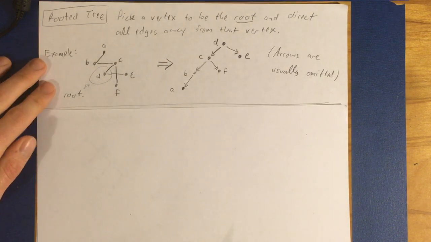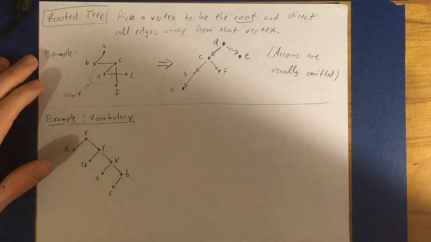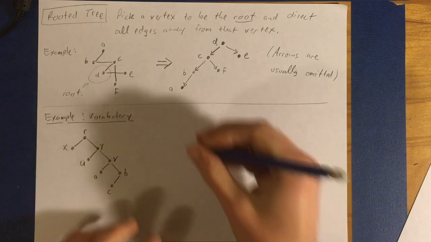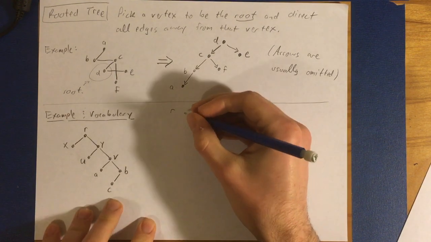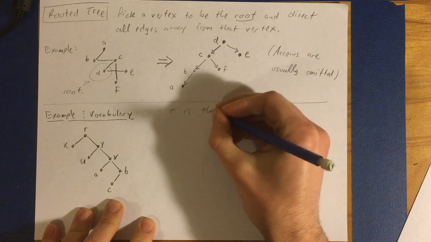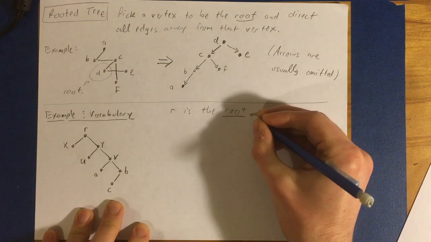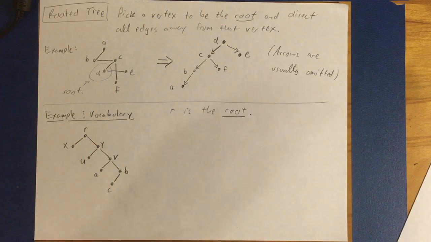So let's take a look at another example of a rooted tree and go over some vocabulary associated with rooted trees in particular. So here's a rooted tree, and I've labeled all these vertices. The first thing we'll say here is R is the root. So there's our first vocab word, already introduced, already defined. It is the root. It's at the top.